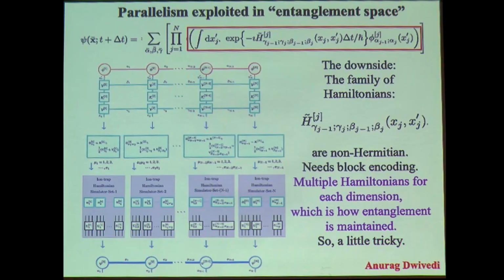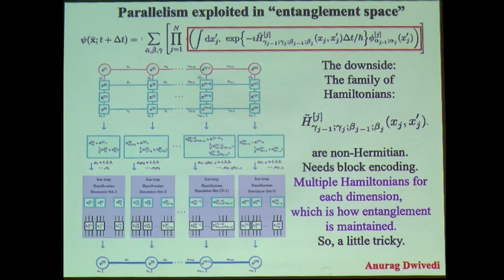The way in which entanglement occurs in this particular formalism is through these internal variables right here that connect these different tensor cores. So what that does is that these Hamiltonians become non-Hermitian. So you're going to do non-Hermitian quantum dynamics. Each of these legs is non-Hermitian.